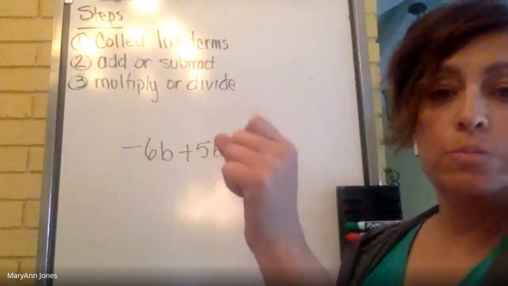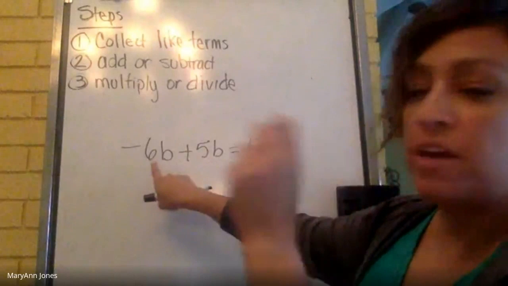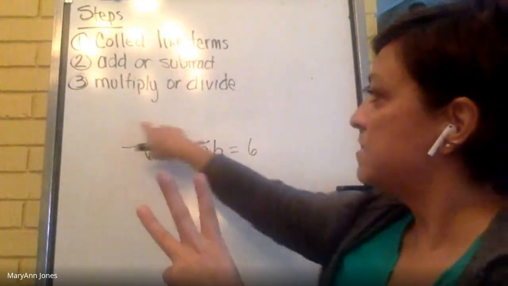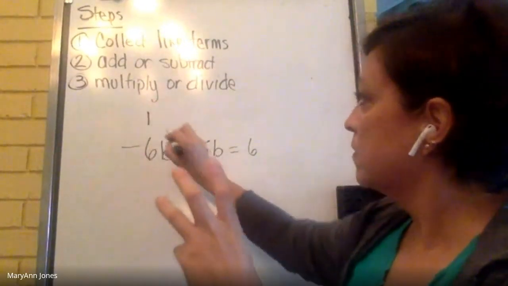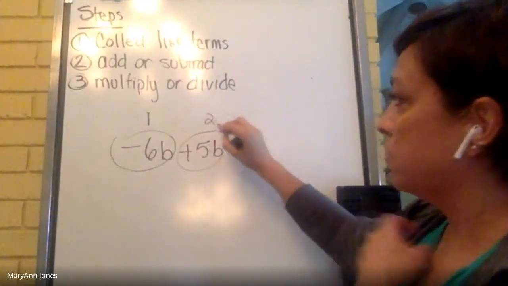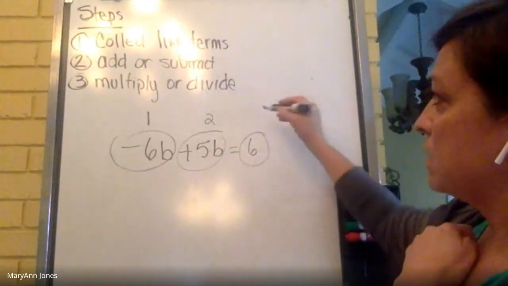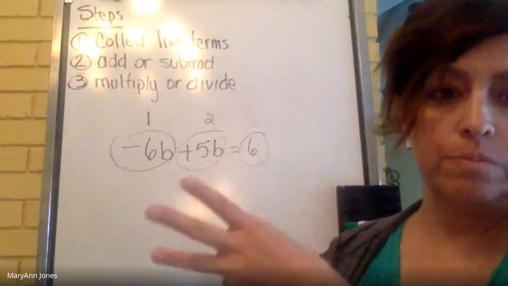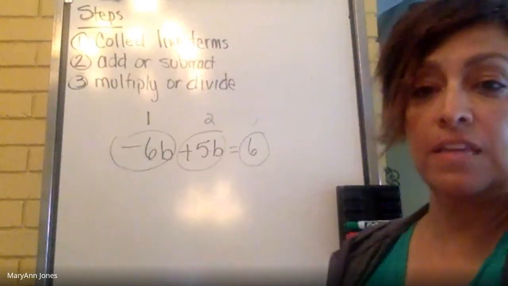So the like terms are, here we've got 3 terms. We've got negative 6b, that's one term. Then we've got positive 5b, that's another term. And then we've got a 6, that's our third term. Pick the 2 that are alike and then tell me why.